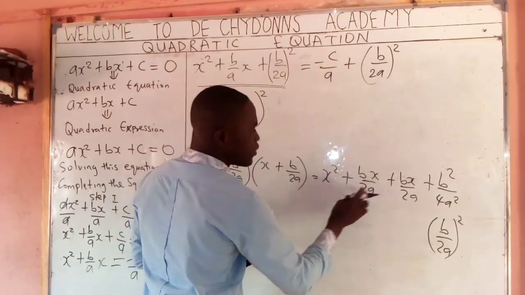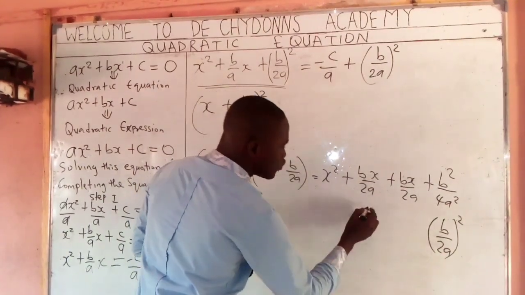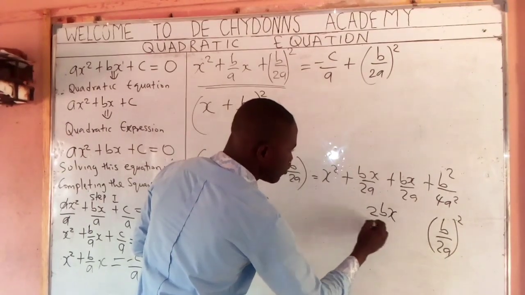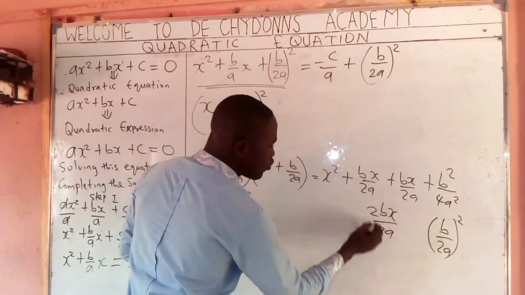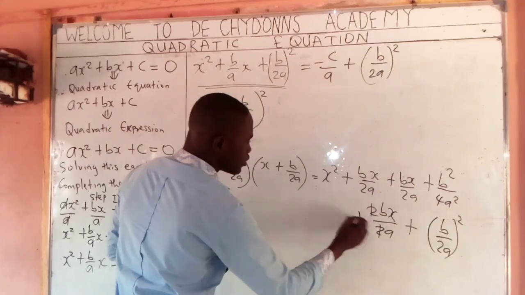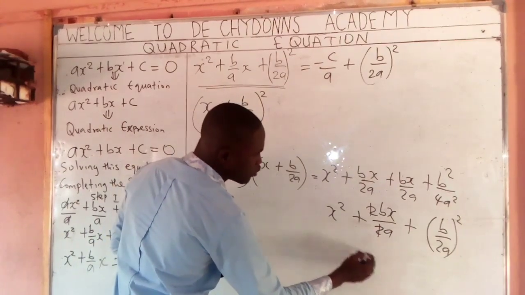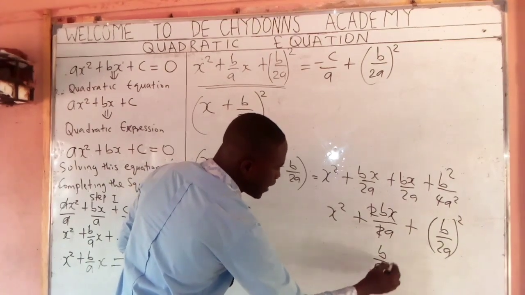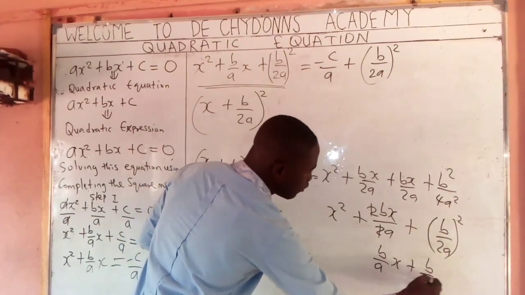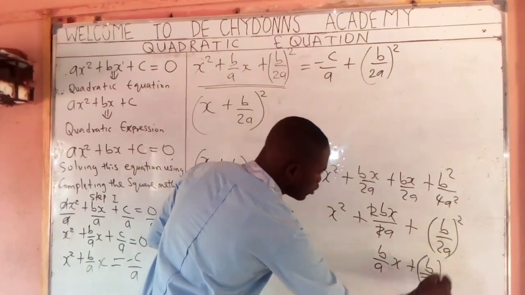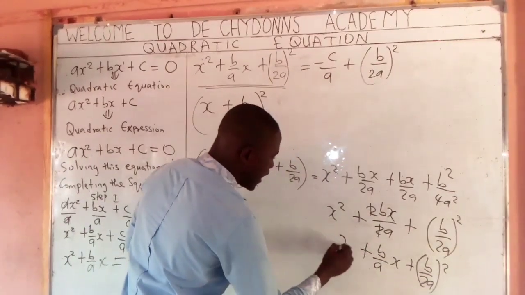Now, adding the two middle terms, because they are the same thing, gives 2bx over 2a, where 2 cancels 2. So when 2 cancels 2, it gives b over a x plus b over 2a all squared plus x squared.